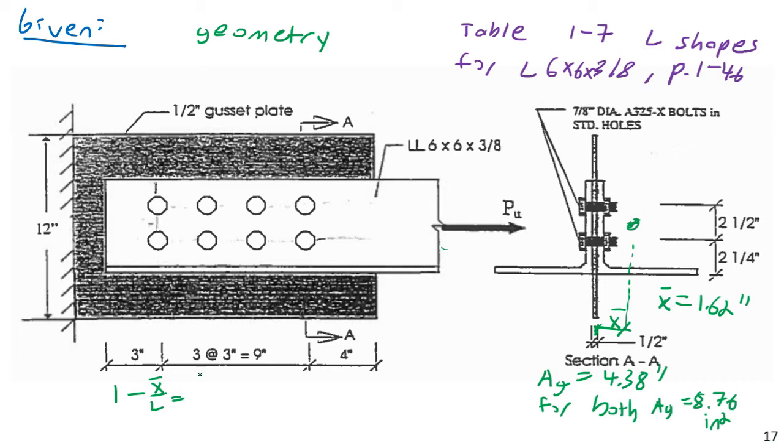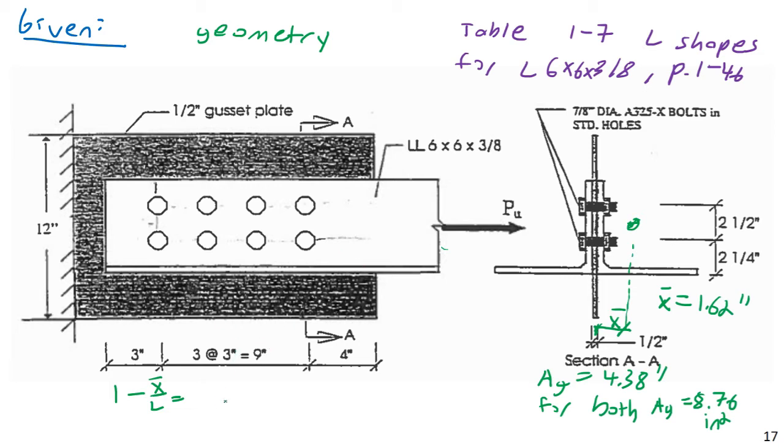And the L here is the length of the connection. For a weld, if you had a longitudinal weld, it would just be the length of the weld from beginning to end. For a bolted connection, the length is the center to center distance from the first bolt to the final bolt.